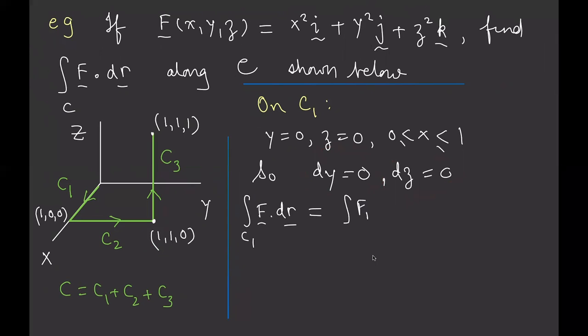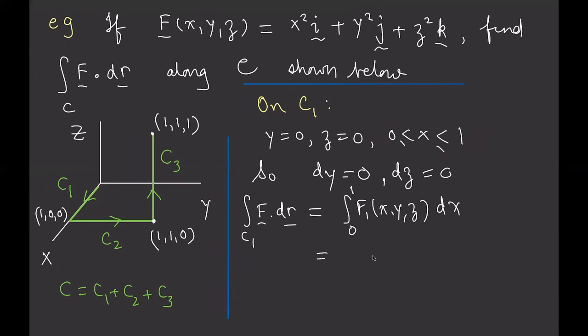So I just have f1 of x, y, z and dx. That's all I'm left with, because dx is the only one of the differential elements which is non-zero. Okay, so I have that, and what else do I have? I have the fact that x varies from 0 to 1. I'm going along the x-axis. x is 0 there and x is 1 there. So I can put in the limits 0 to 1 here.